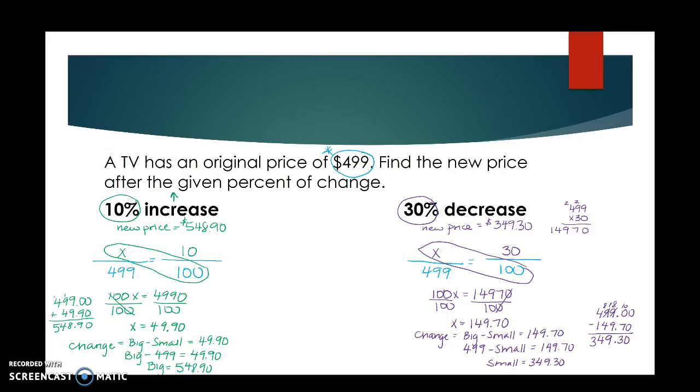So if we are increasing, we went ahead and added it to the original price because the new price is bigger. When we were decreasing, we subtracted it from the original price because the new price is smaller.